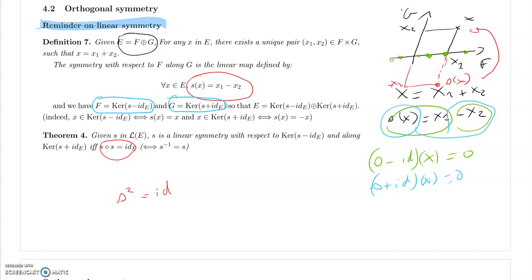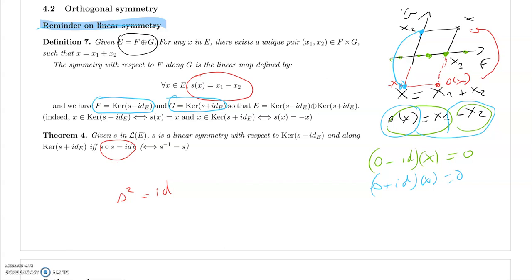And that is when x belongs to G. It gives you that S of x is the opposite, negative x. So anything that belongs solely to G is going to be sent to its opposite element, directly on G itself.